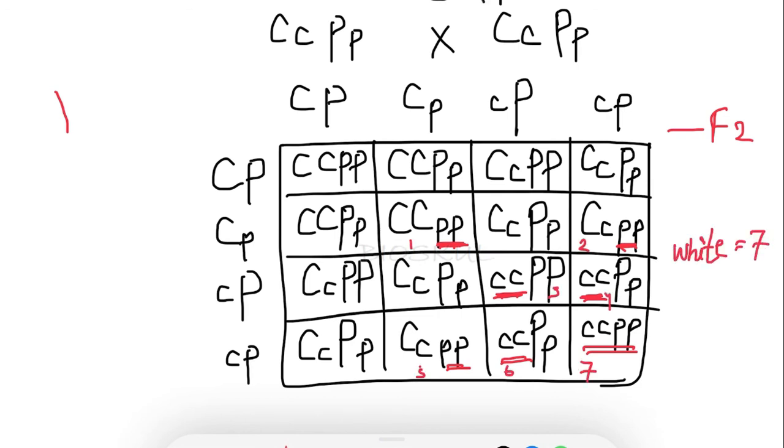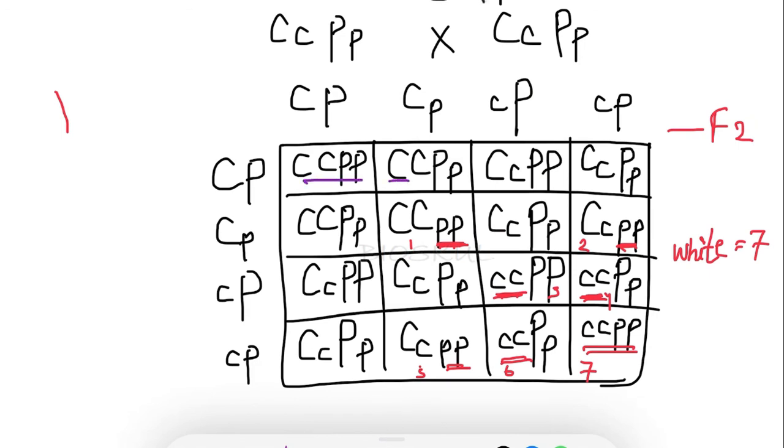And look at the other, if both the dominant genes are present, then they will complement each other and that will produce a new phenotype. That's why duplicate recessive gene interaction is also known as complementary gene interaction, and they complement each other and produce purple color flower.